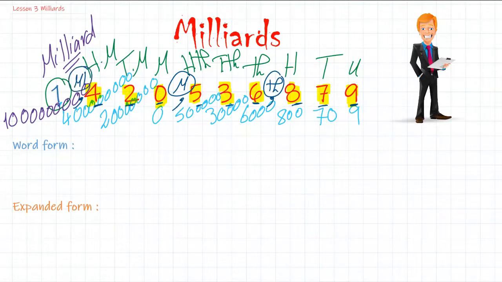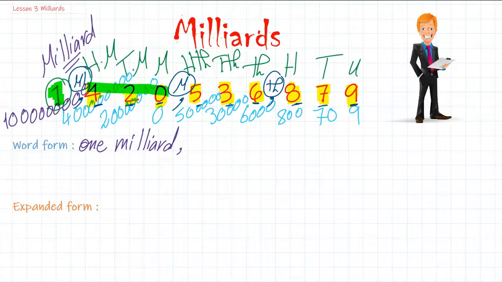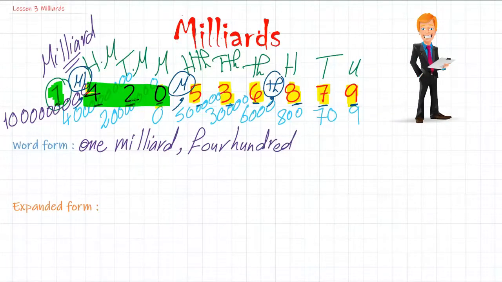Now let's read it. We have here 1 and we have this comma milliard, so write it as 1 milliard. And then let's read the 3 digits together. As we learned before, it will be 420. 420 what?